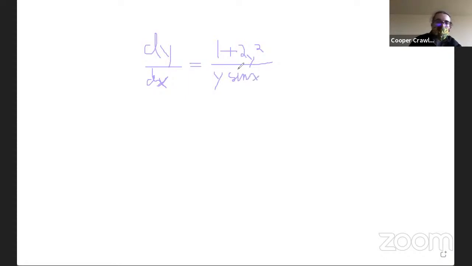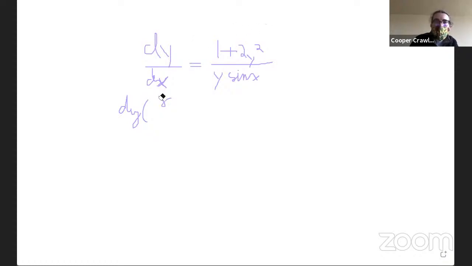Very nice. So first thing I did, I got all of the y's and all of the x's together. So on the left, I had dy, that's y over 1 plus 2y squared.